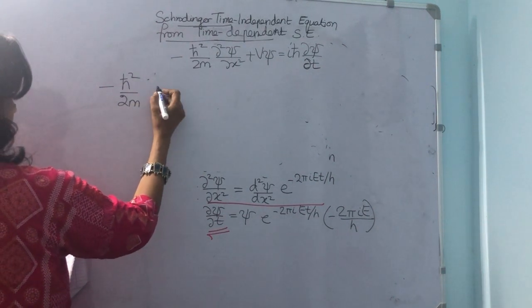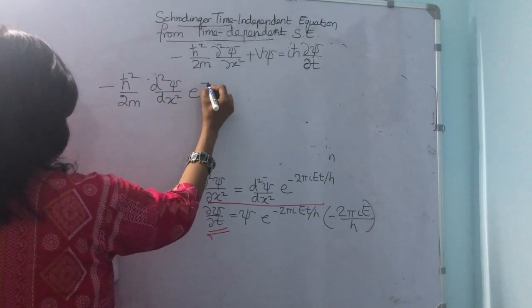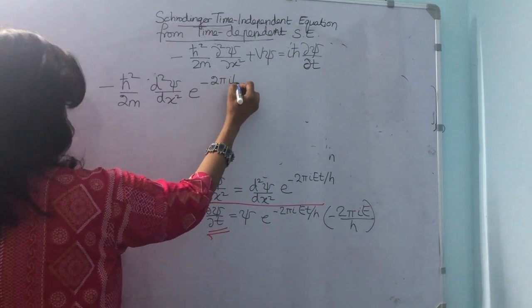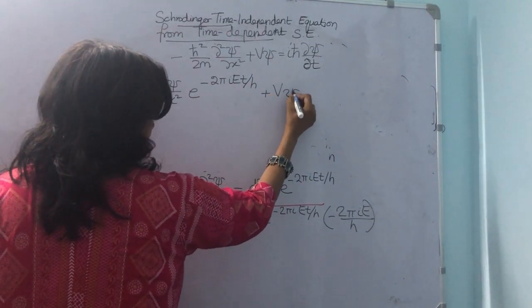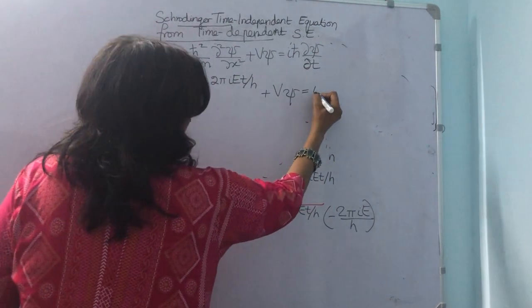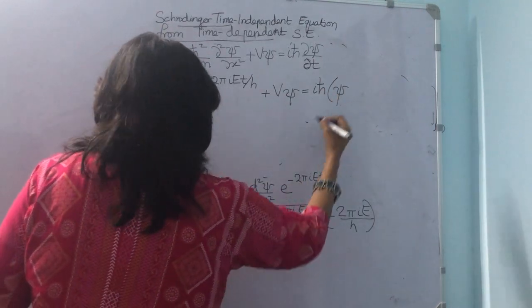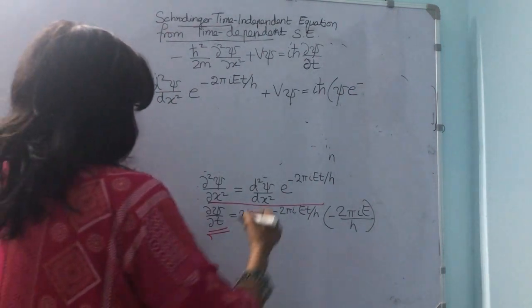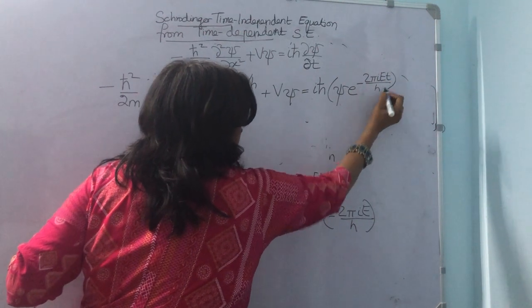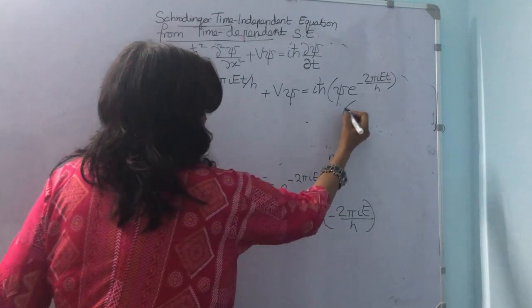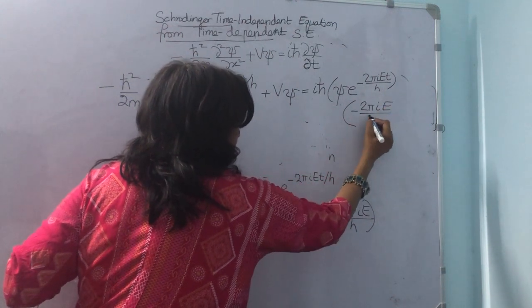We get minus h bar square upon 2m d2 phi by dx2 e^(−2πi Et/h) plus V phi is equal to i h bar into phi e^(−2πi Et/h) into (−2πi E/h).